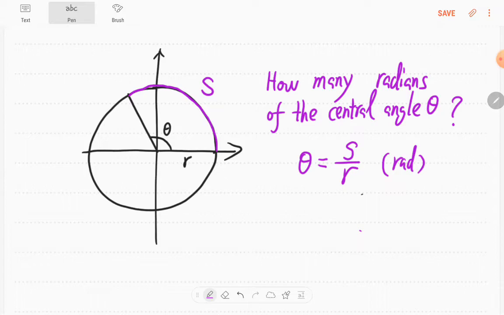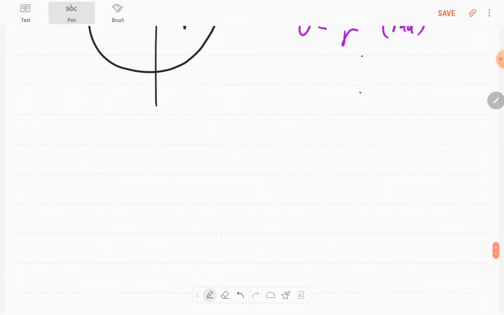So actually the radian is just a number, with no actual unit. So if you have a number, it represents radians.